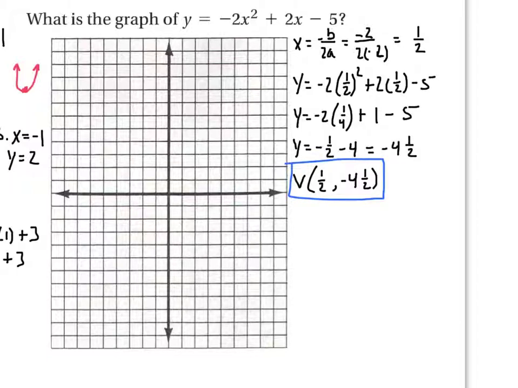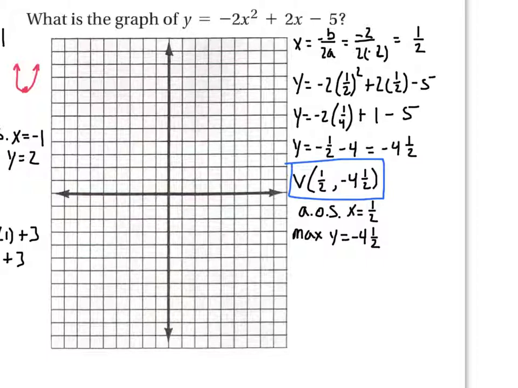So there's the vertex. That means our axis of symmetry is located where? Axis of symmetry is at 1/2. This parabola opens down because a is negative. So therefore our maximum value is negative 4.5.